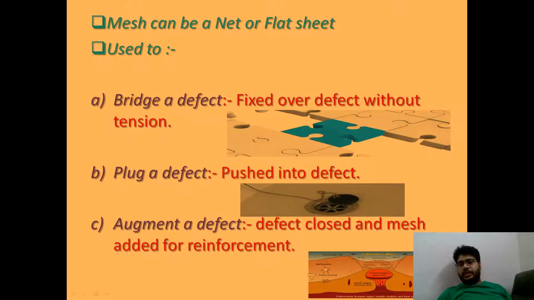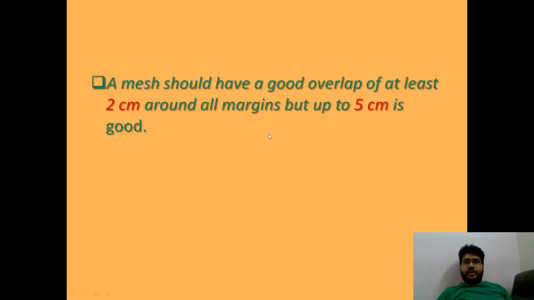it with the mesh. Now a mesh should have a good overlap of at least 2 centimeters, that is, it should cover the defect from all around at least 2 centimeters beyond the defect, but the best results are there when we cover the defect up to 5 centimeters.